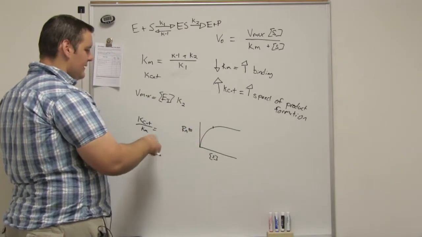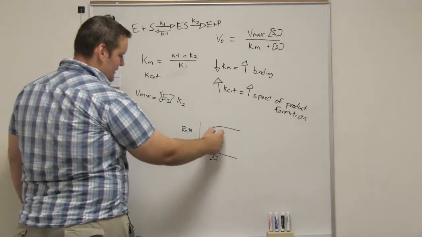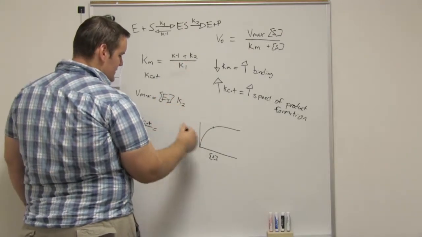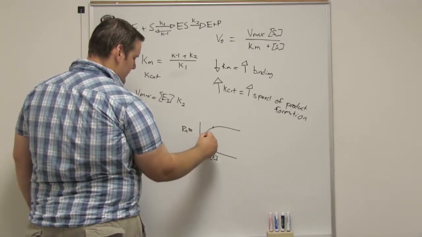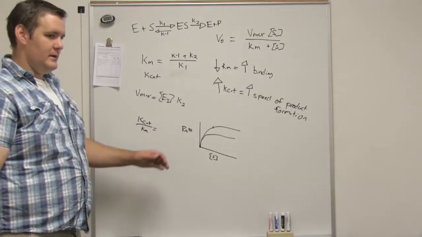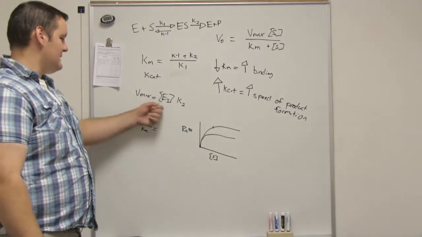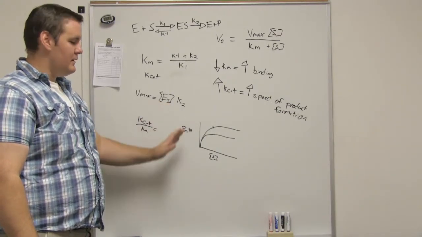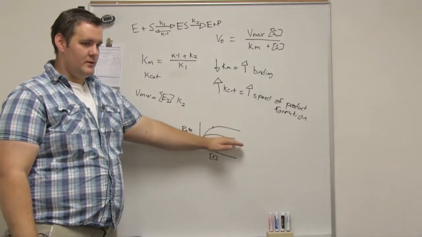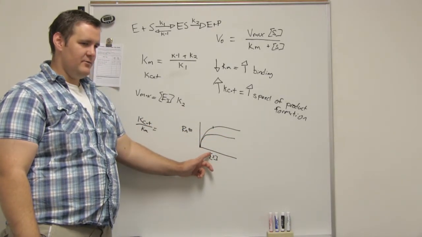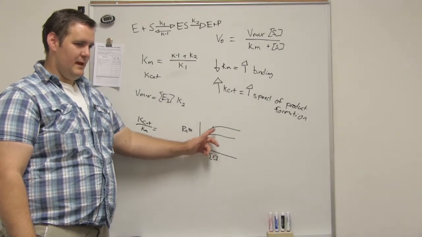So it does deal with the rate, and your Km and Kcat deal with how quickly you're getting to the plateau. Changing your Vmax might mean your Vmax is now lower because it's dependent upon concentration of enzyme. So if you have less enzyme, your rate's going to plateau quicker, but it's going to plateau at the same concentration of substrate.